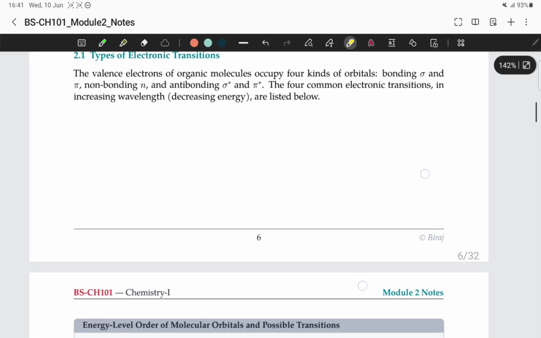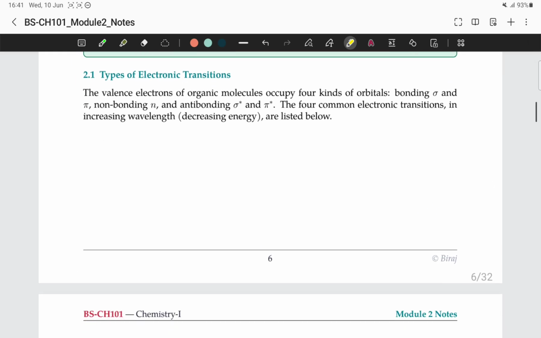Now coming to the types of electronic transition, which is the most important part. In an organic molecule there are bonding, non-bonding, and anti-bonding transitions. In bonding there is a sigma and pi bond, in non-bonding there is a lone pair, and in anti-bonding there is sigma star and pi star.